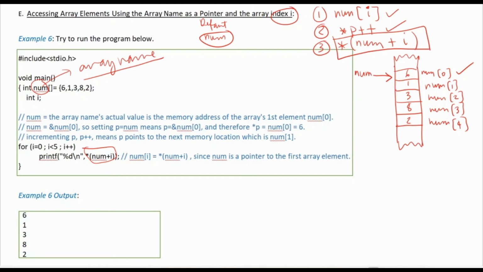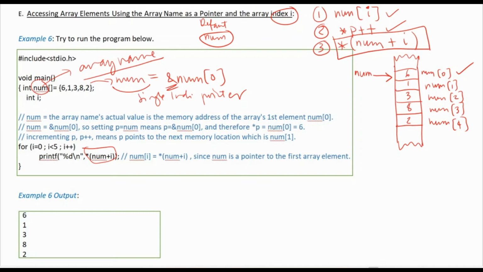It is a default action of the computer that whenever you declare an array, that array name is automatically a pointer to the first element. So again, num is equal to the memory address of num0. So num is a single indirection pointer because its value is a memory address.